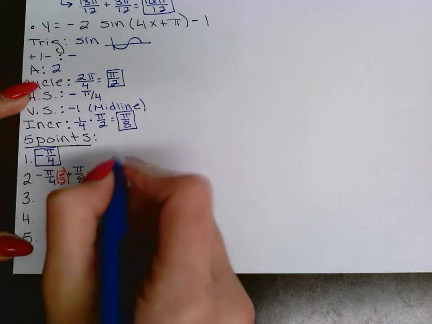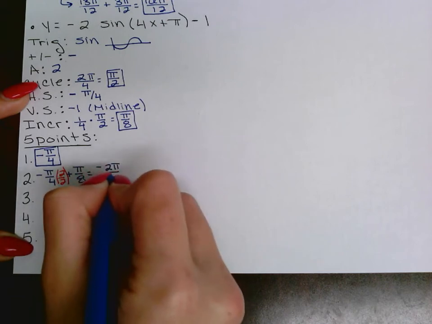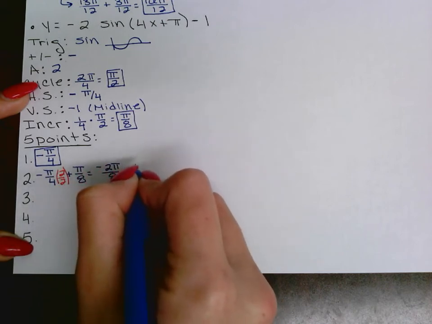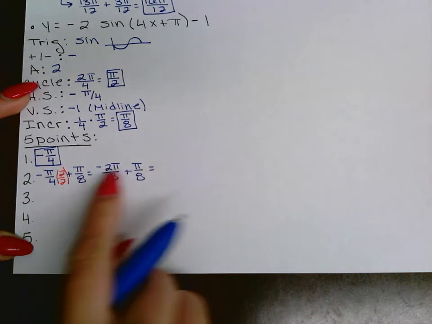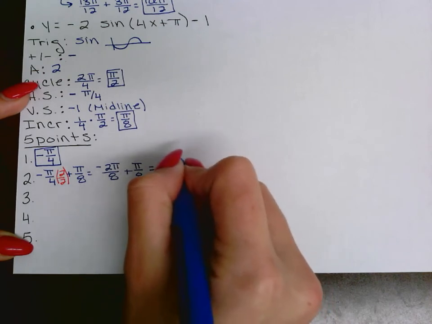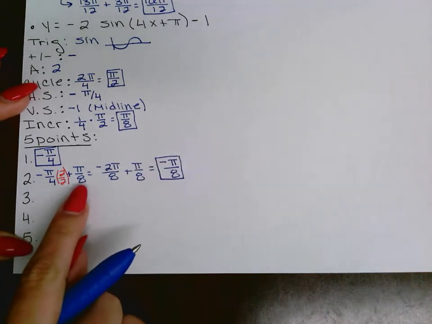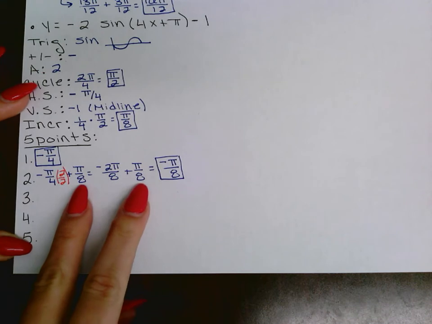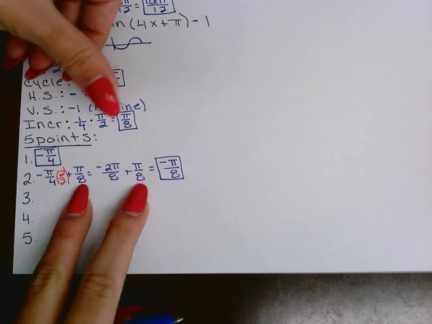So now I'm working with negative 2 pi over 8 plus pi over 8, which gives me negative 2 plus 1, so negative 1 pi over 8. Notice that in getting a common denominator, I did not have to change up my increment. My increment stayed as pi over 8. So I'm okay with continuing to add pi over 8 every time.